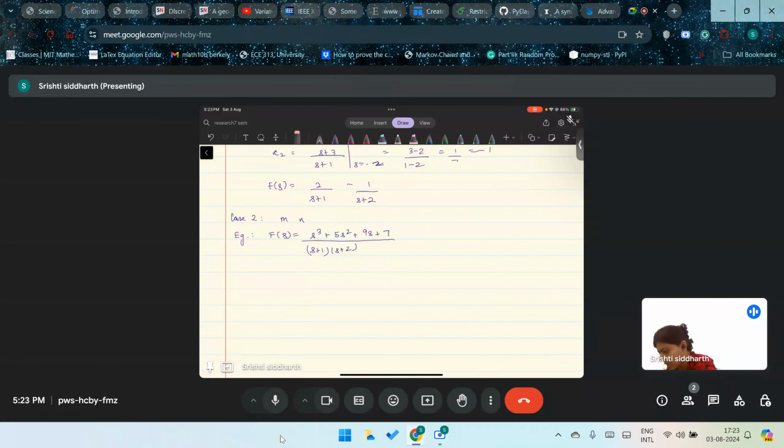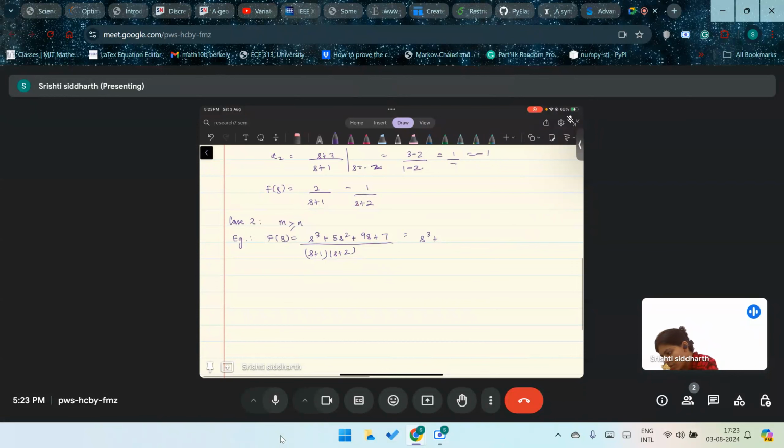Here the numerator degree is greater than the denominator degree. Let's expand the denominator first: s squared plus 3s plus 2. We need to convert this to a strictly proper transfer function.